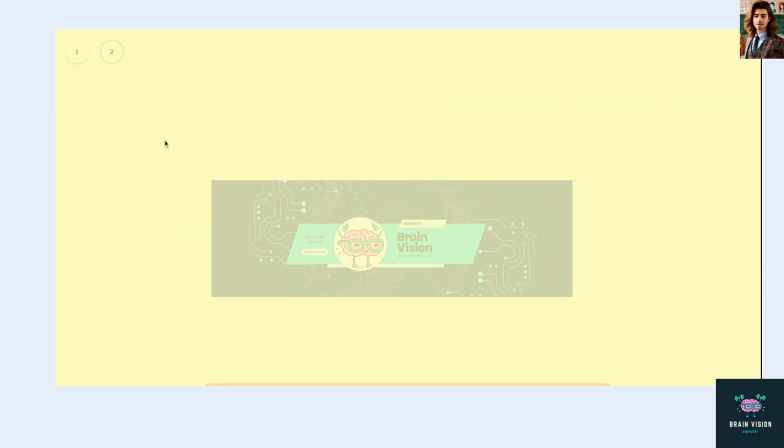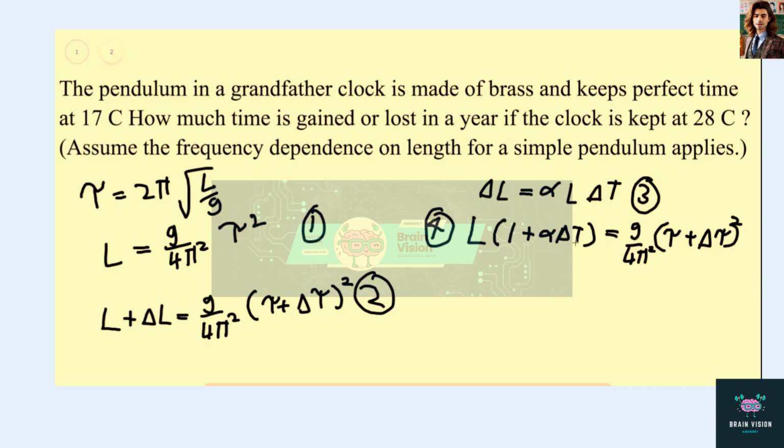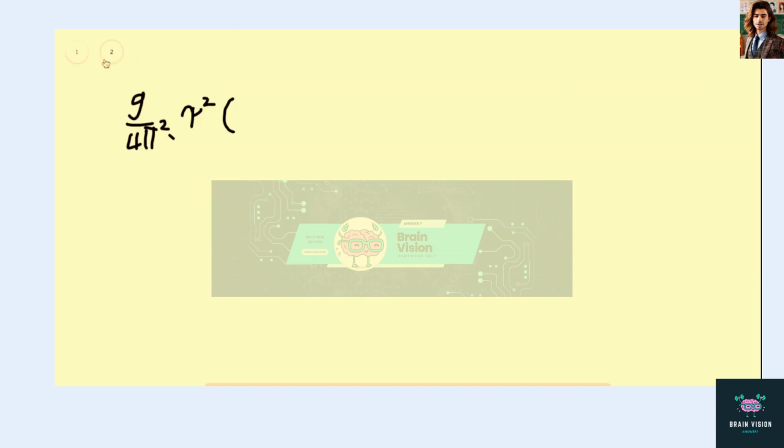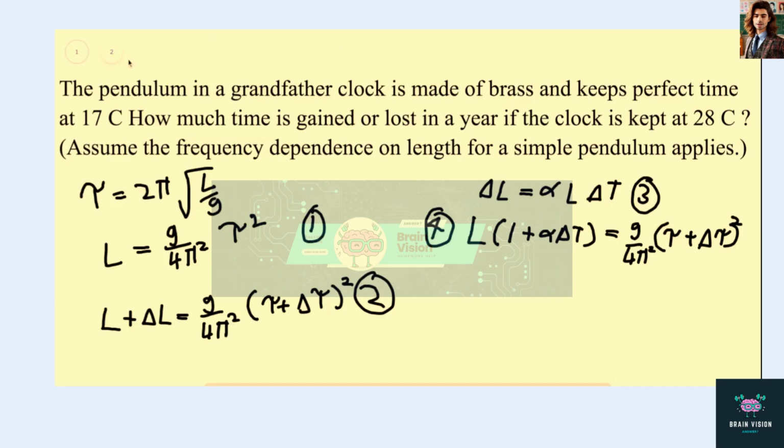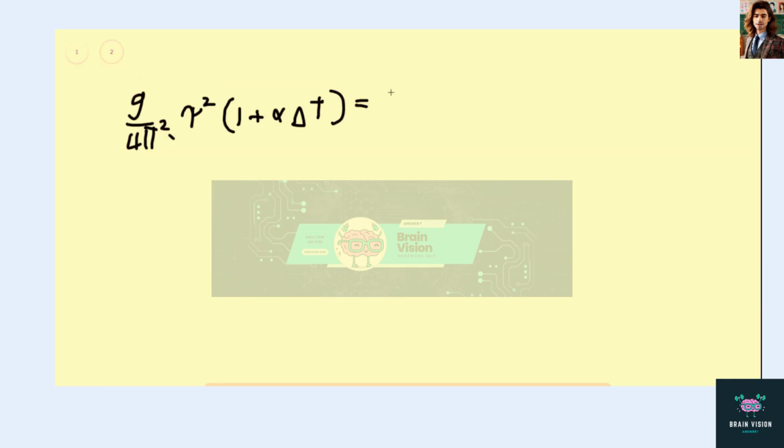So we get G over 4 pi squared tau squared, times 1 plus alpha delta T, is equal to G over 4 pi squared, tau plus delta tau, squared.